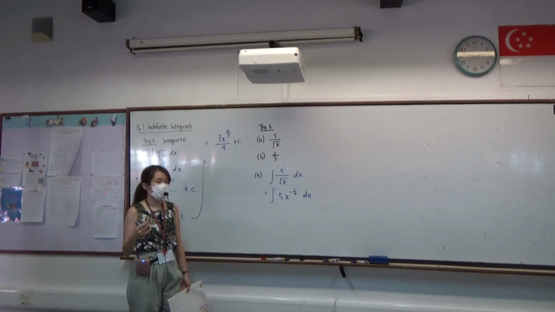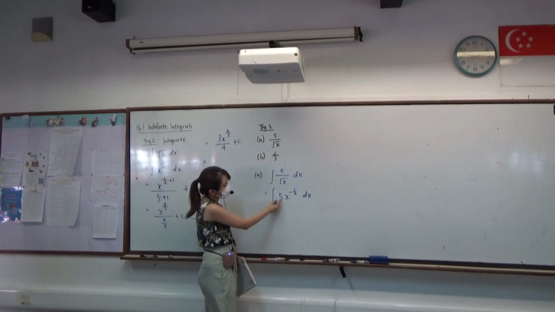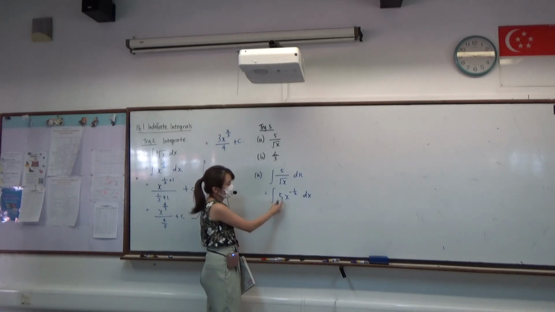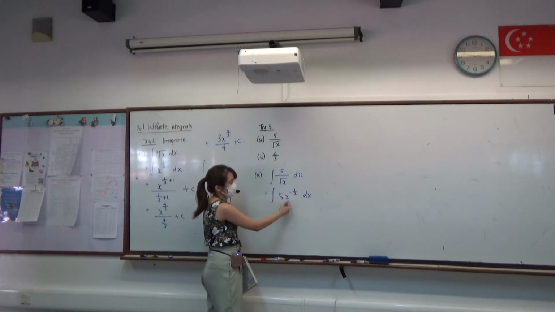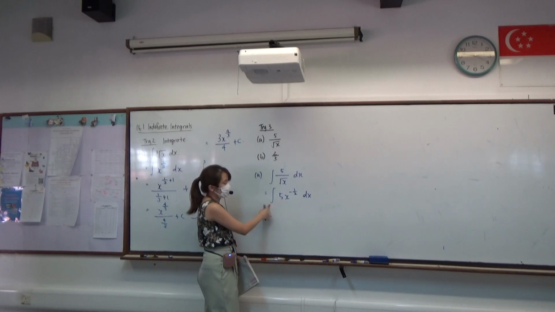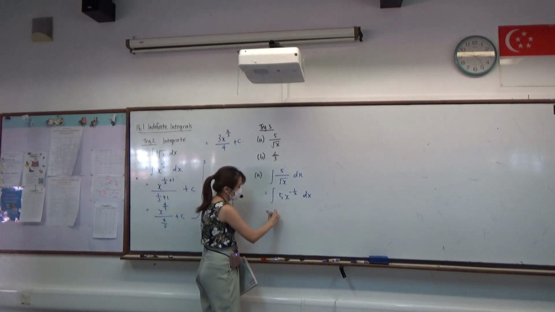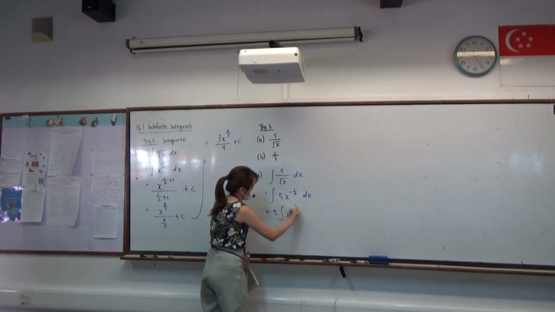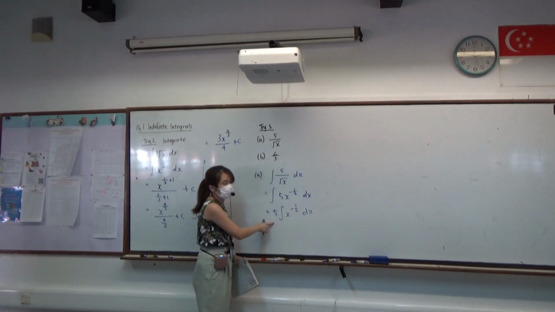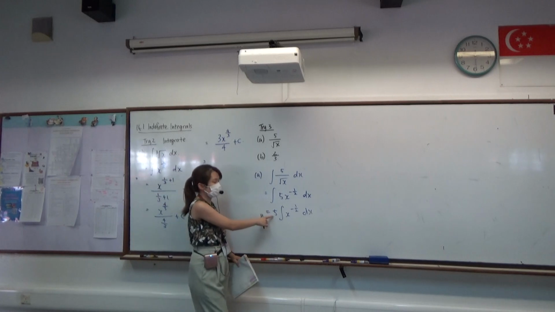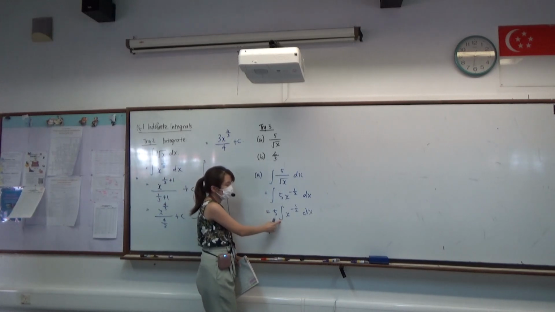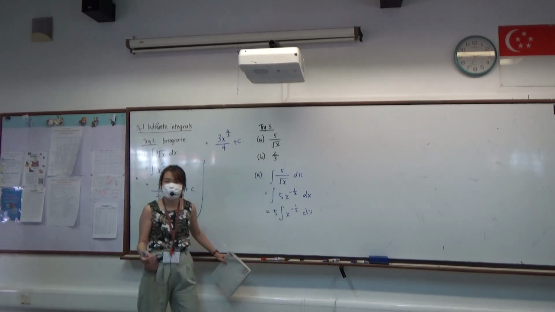Just like our differentiation, we could take out the constant number and just focus on differentiating the function itself. So when it comes to integration, we can kind of ignore the 5. So we can take out the 5, and we focus on integrating x to the power negative half.